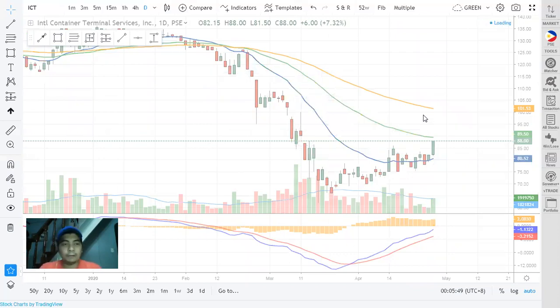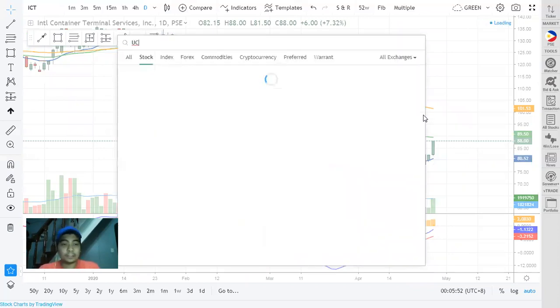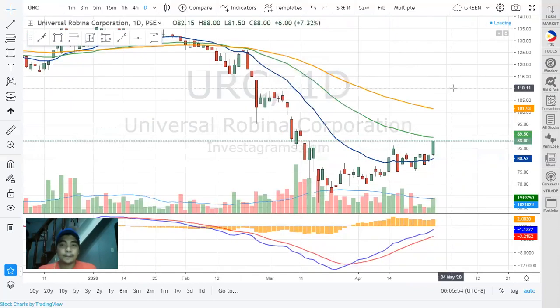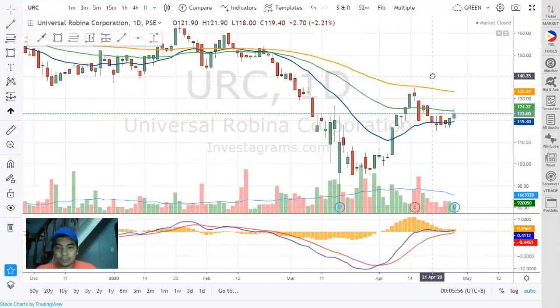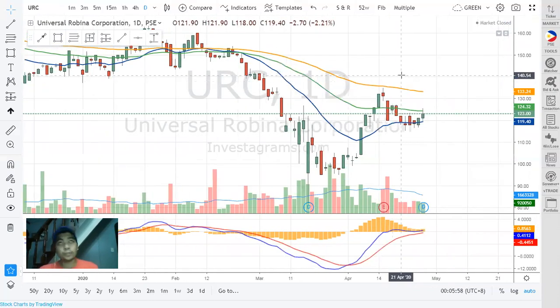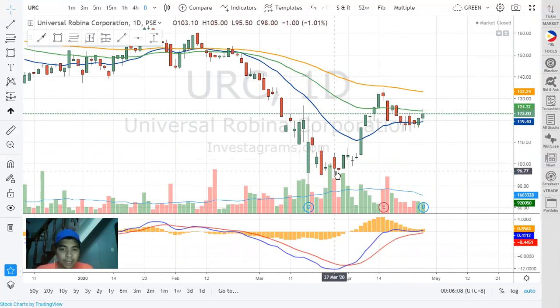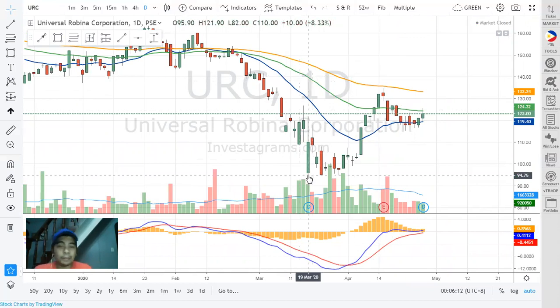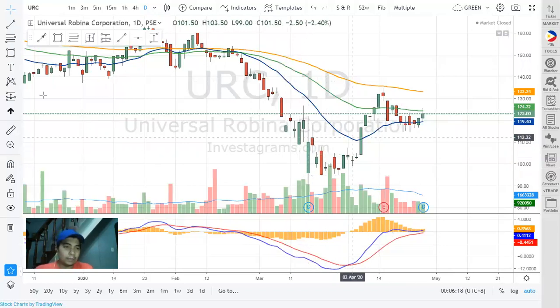Last but not least, let me include URC. So I have 5 additional stocks for you to consider. URC is still consolidating. As you can see, most of the stocks are in this kind of pattern. The stock is being trapped in a 50-day moving average after going down to the lowest point when the pandemic started.